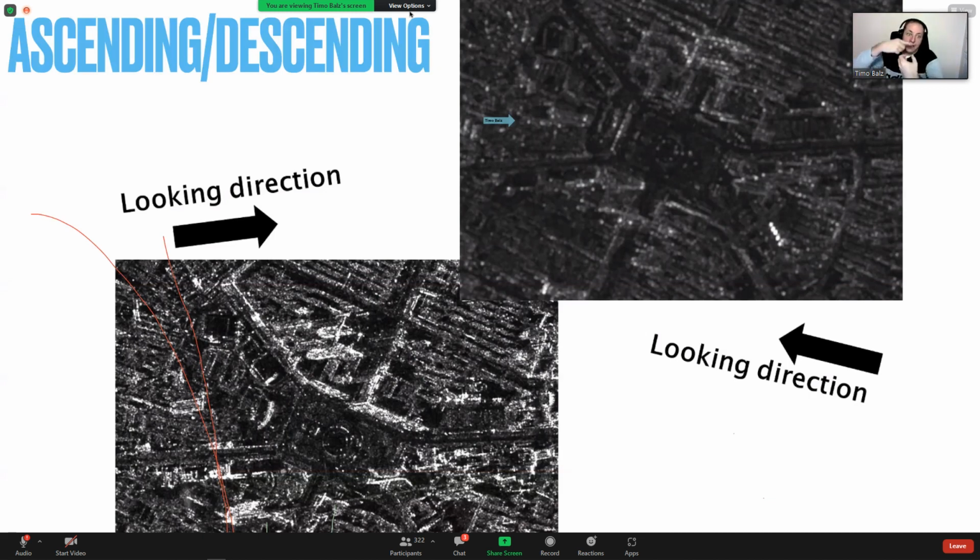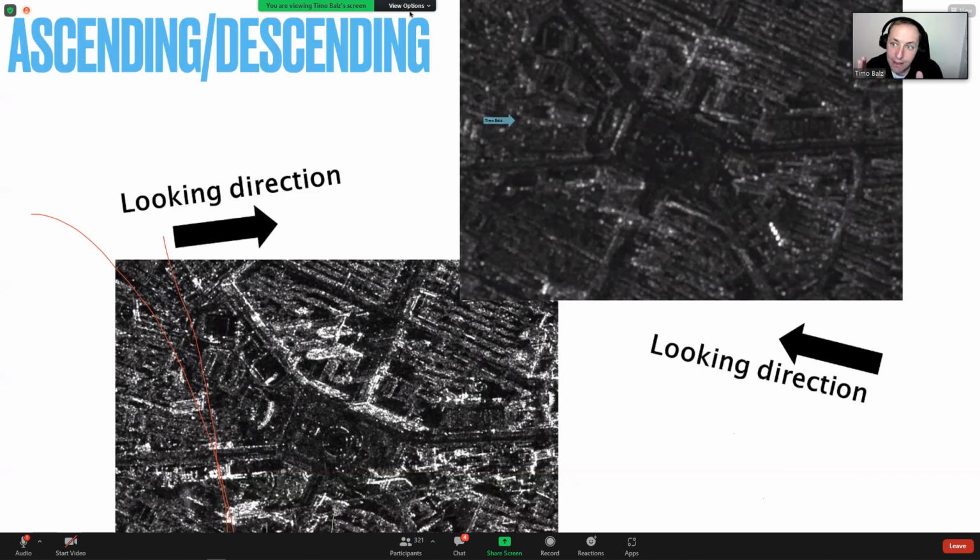The Earth is turning right under the satellite. One time the satellite comes up, ascending, and then it goes down, descending, ascending, descending. And so each point on the Earth, because the Earth is rotating, can be seen from the ascending direction and another time from the descending direction.